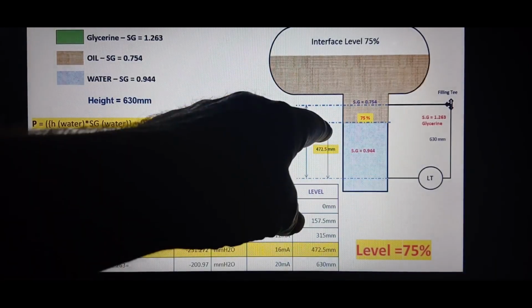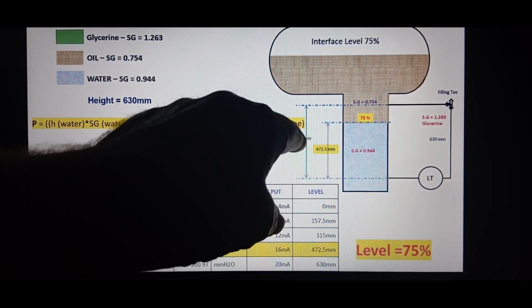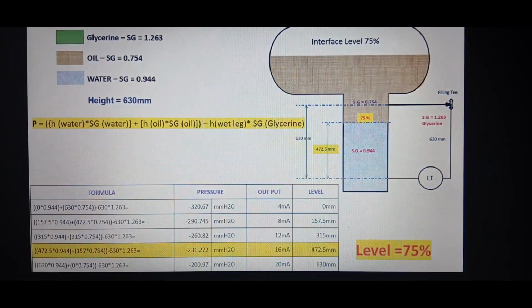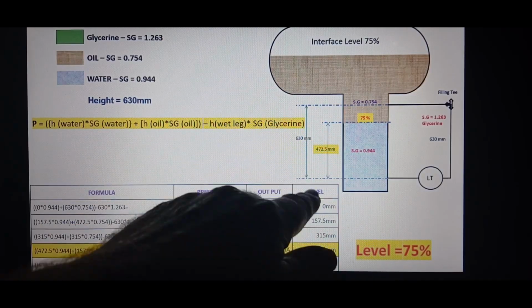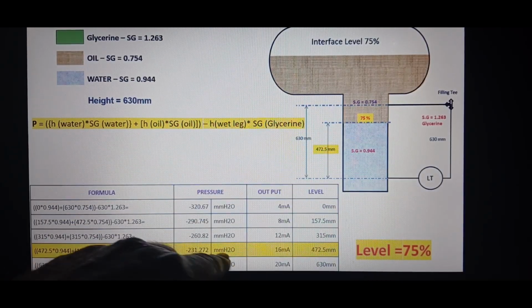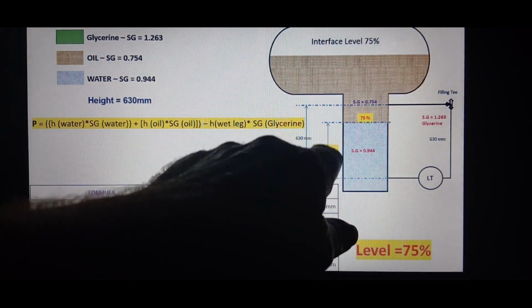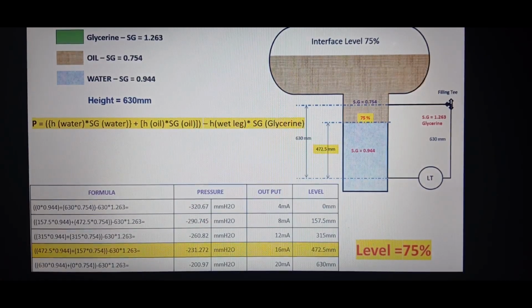We'll have this value, that minus that will give us that value, and our SG for our glycerine will stay the same. So the value for the level pressure there will be minus 231 millimeters of water. And our level will be 472 millimeters, and the output will be 16 milliamps.